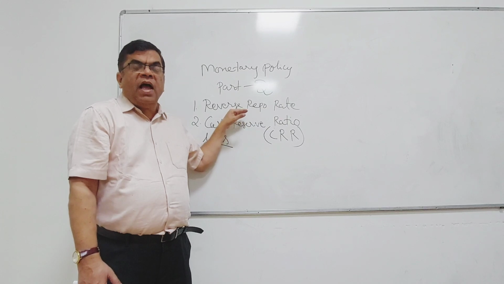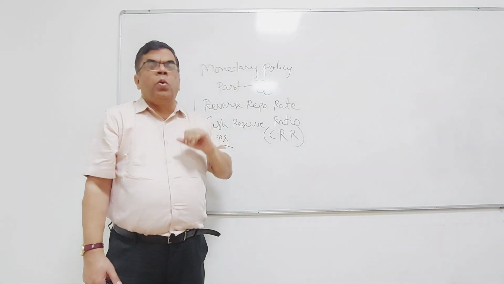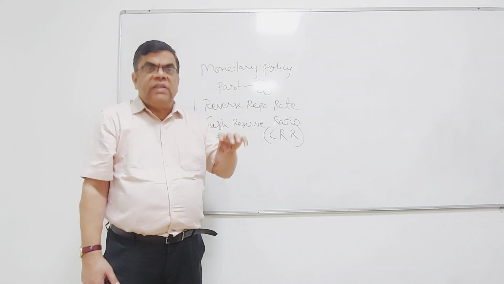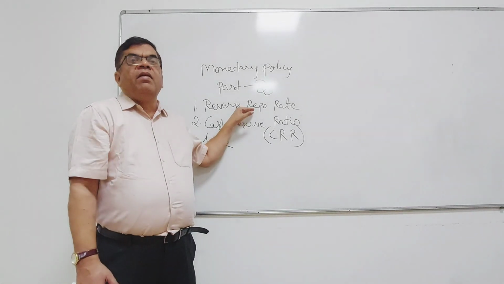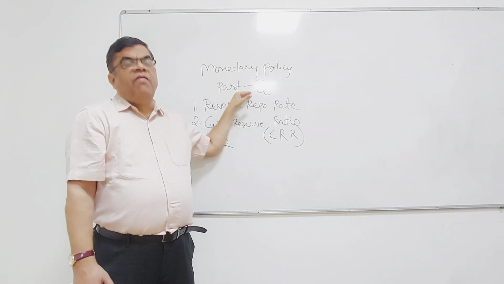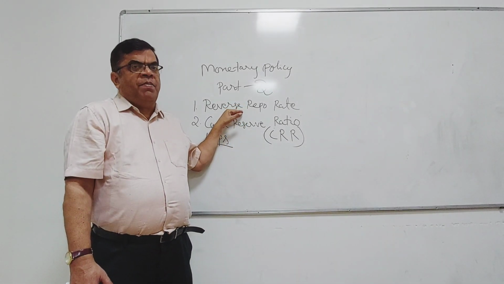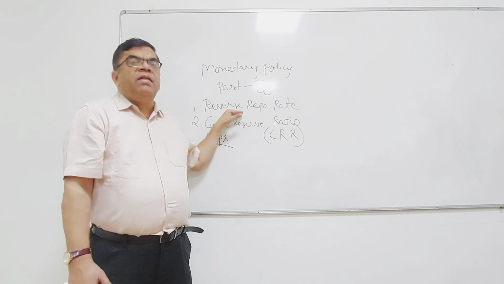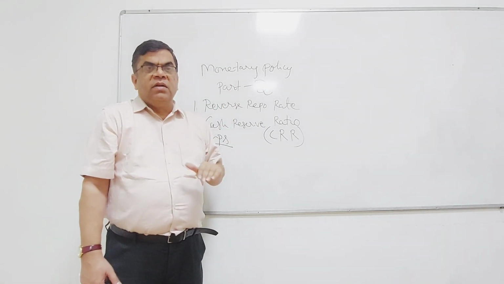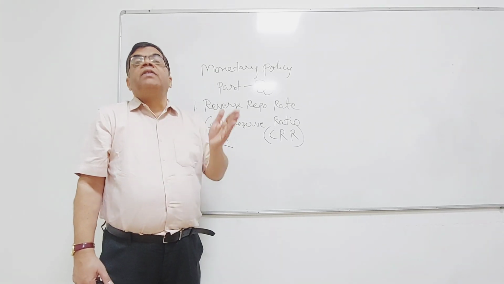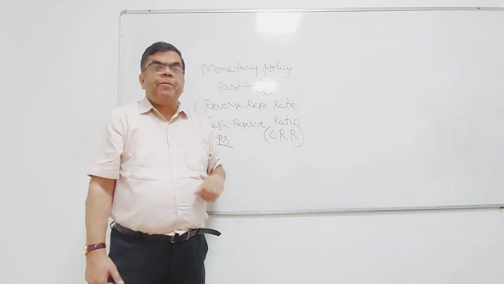Once again, I will repeat that during a time when price stability is the goal, RBI increases the reverse repo rate, which attracts the commercial banks to keep funds with RBI. As a result, there will be less liquidity with the commercial banks, which in turn will take us to the goal of price stability. That is what is expected.